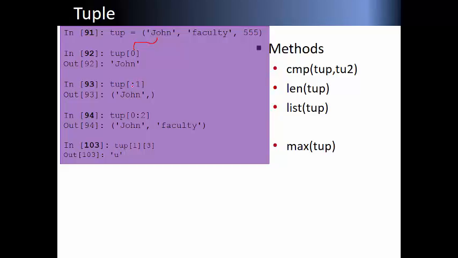Similarly, if you want to go from the beginning to index number 1, but 1 is exclusive, then only the first one can be accessed. And 0 to 2, then the element for index 0, the element for index 1, and 2 excluded. So John and faculty.